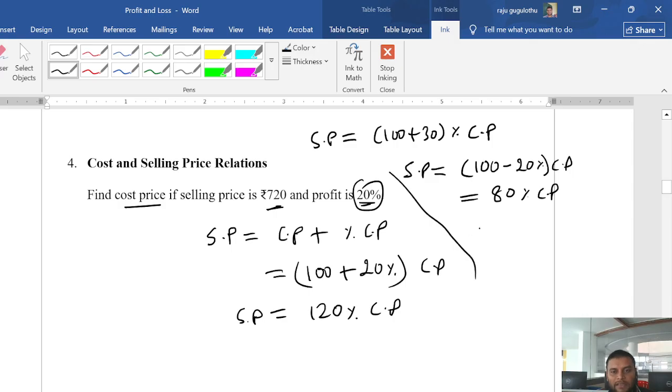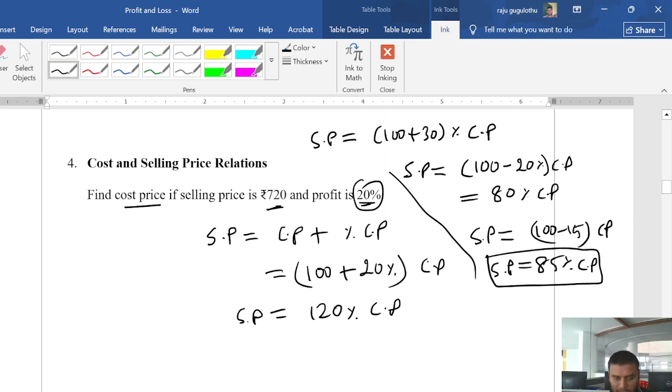Let us say I am selling at 15% loss. It will become 100 minus 15% of CP, 85% of CP. So selling price will become 85% of CP. With these examples, I hope I have clarified it.